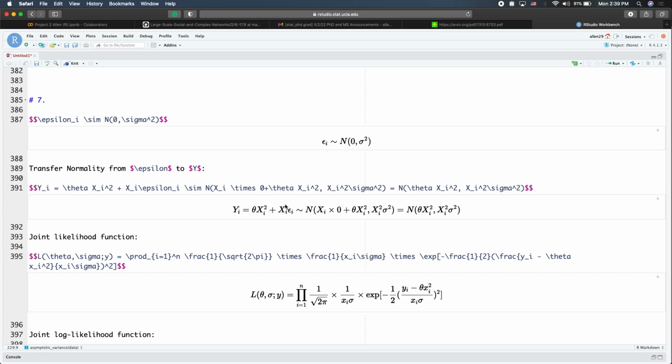We also shift by a constant term, but it has no effect on the variance, so we are only left with xi squared multiplied by sigma squared. And this is the target distribution for yi, inherited from the normal distribution of epsilon i.